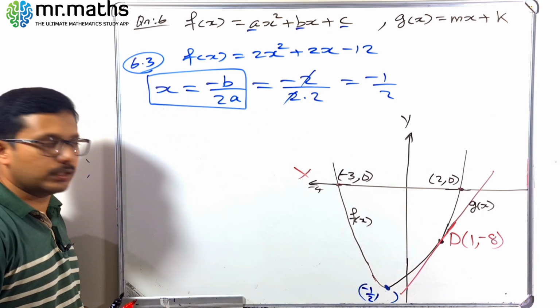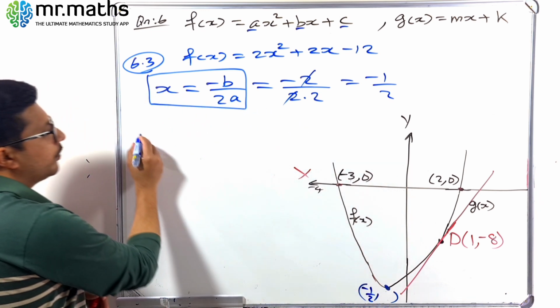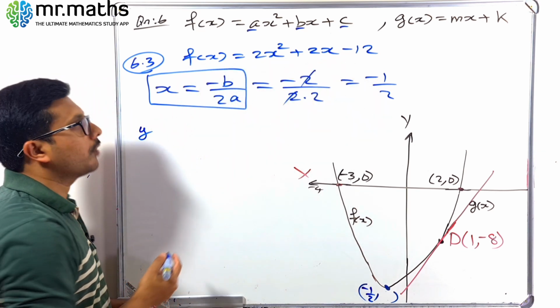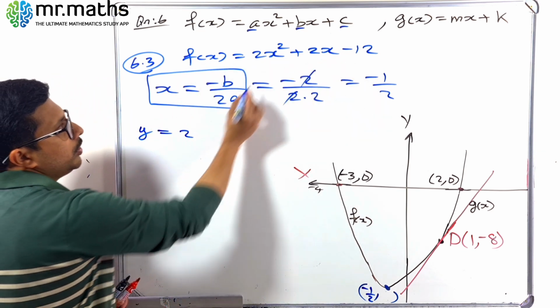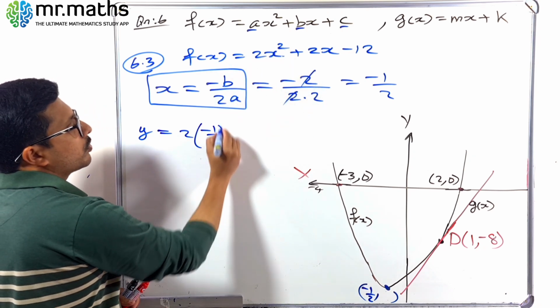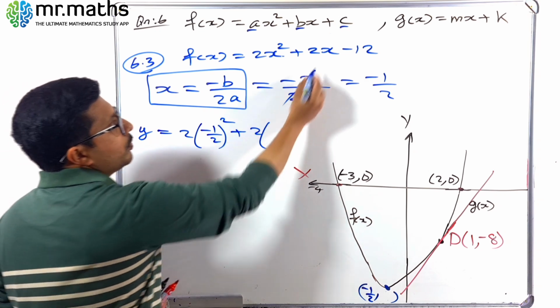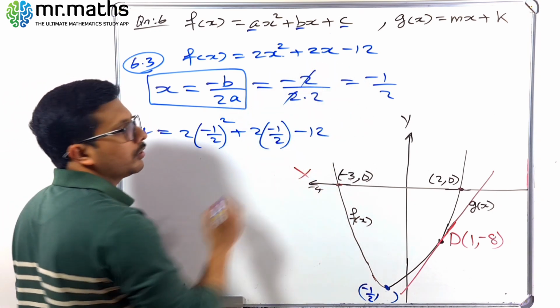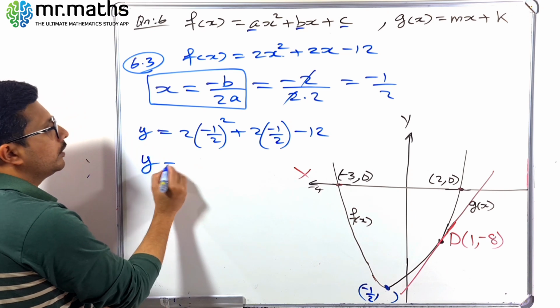Now we have to find the y value. How can you find the y value? You substitute the x value, minus half, in this equation. So y is equal to 2 into x squared, that is minus 1 over 2 squared, plus 2 into minus 1 over 2, minus 12. Take your calculator and try to find the answer.